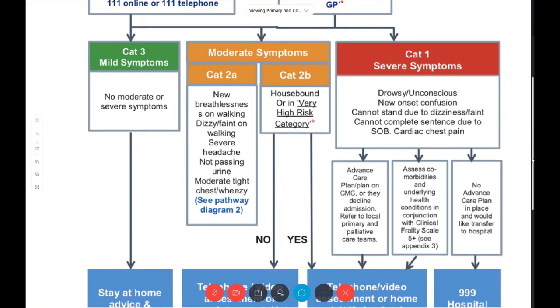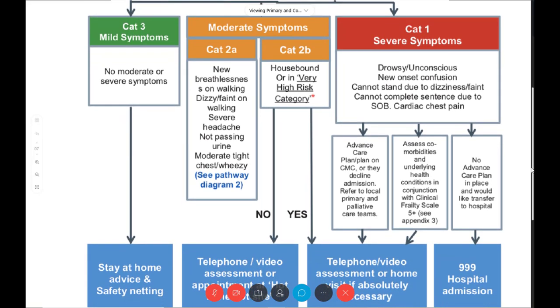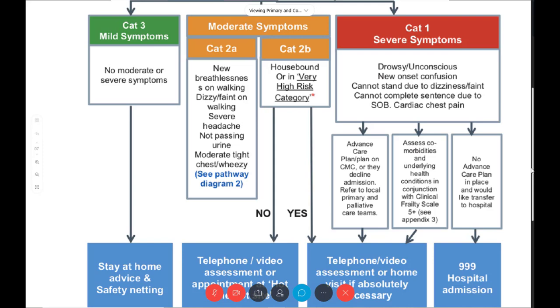In the next iteration of this document, the proviso is that if they have serious or significant comorbidities, even though they have mild symptoms, you may want to monitor these patients a bit more closely, because they're the ones that are likely to do badly if they progress to more severe COVID problems in the near future.